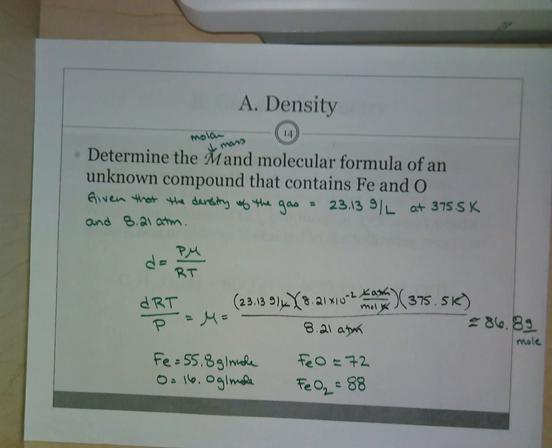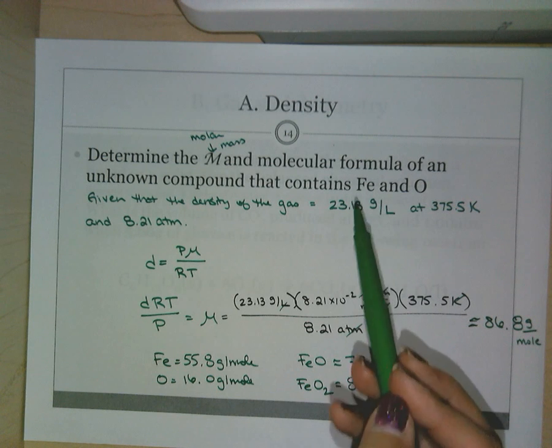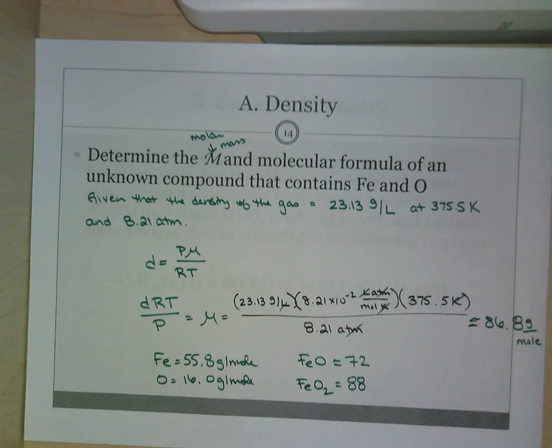Based on what you guys did in the carbon dioxide lab, that's fairly reasonable, right? Because this is pretty much the exact same experiment you just did, but instead of carbon and oxygen, it's iron and oxygen. Look at that, lab and lecture coming together, interrelated. Okay, good. Any questions on how to do those kinds of problems?